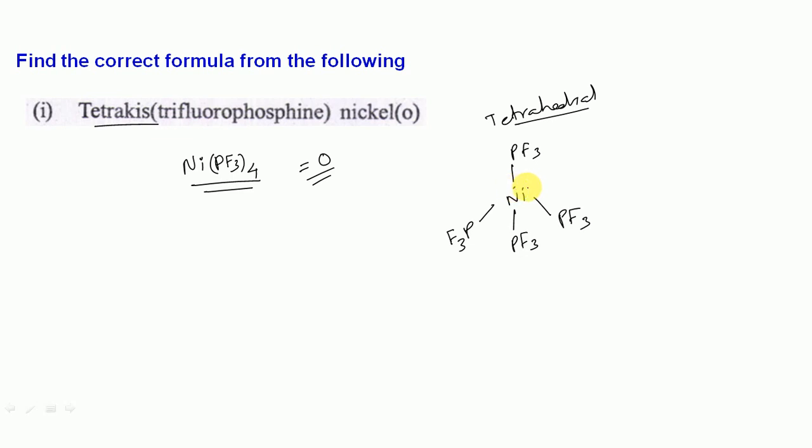Nickel atom is at the center, surrounded by 1, 2, 3, 4 trifluorophosphine ligands, each bonded to the nickel through a phosphorus-nickel sigma bond.